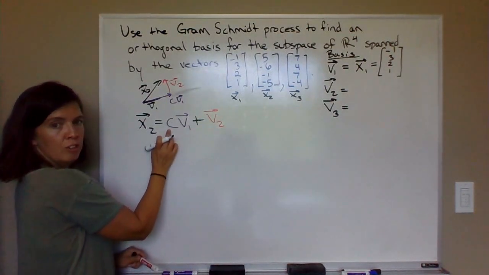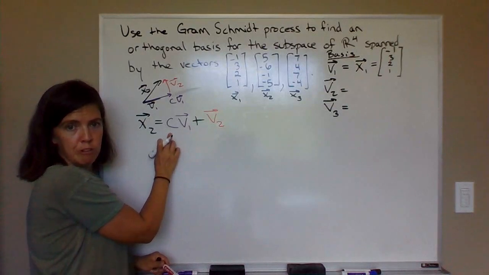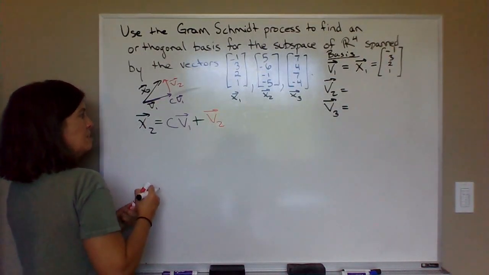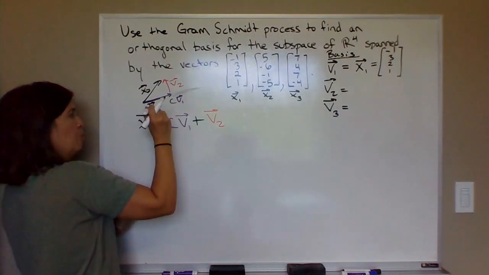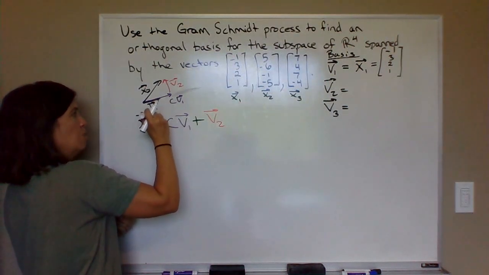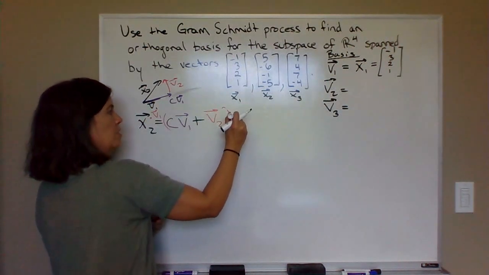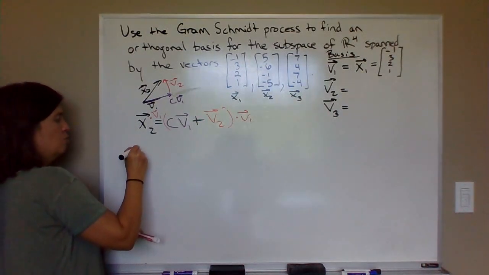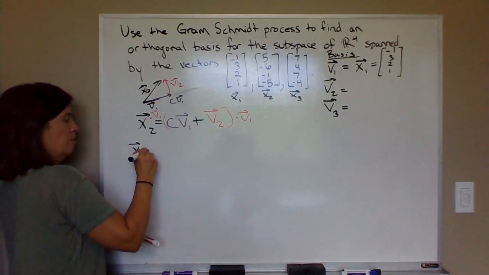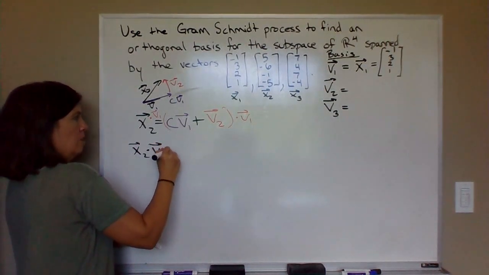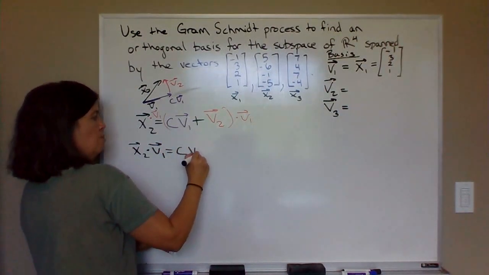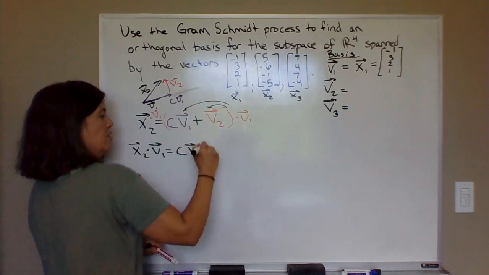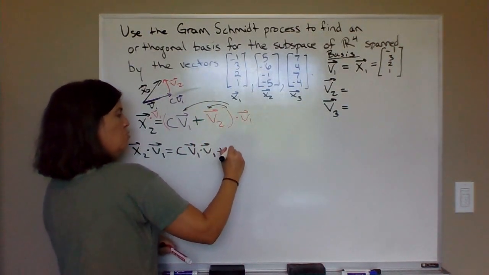We're going to have to first find the scalar multiple c. So suppose we take the inner product of both sides of this equation with v1. Then we'll have x2 dot v1 is equal to c v1 dot v1, if I distribute this, plus v2 dot v1.